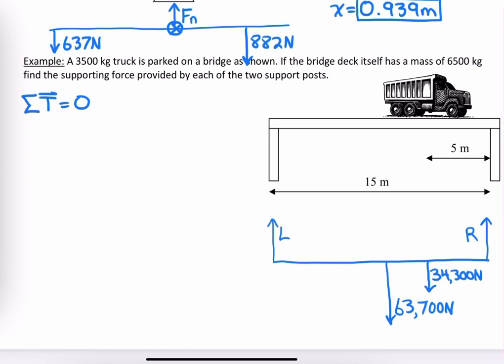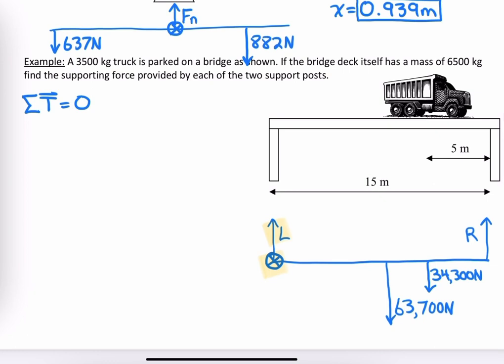So to make it so that my equation only has one of those two forces appear in it, I'm going to pick my rotation point to be at one of those forces. So I'm going to actually pick my rotation point to be here. That means if that's my rotation point, L is at a distance of 0 from my rotation point.